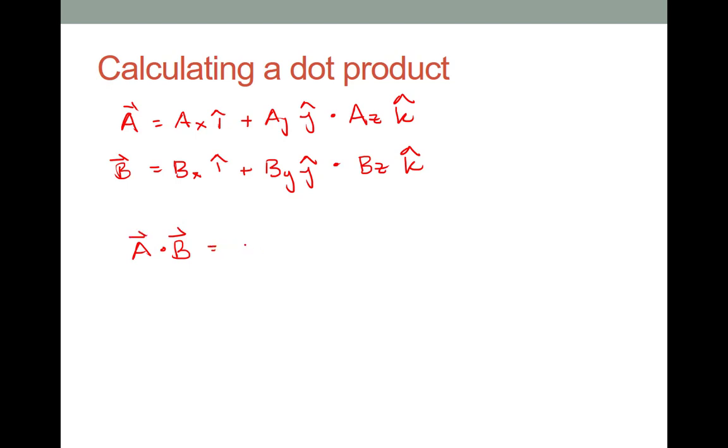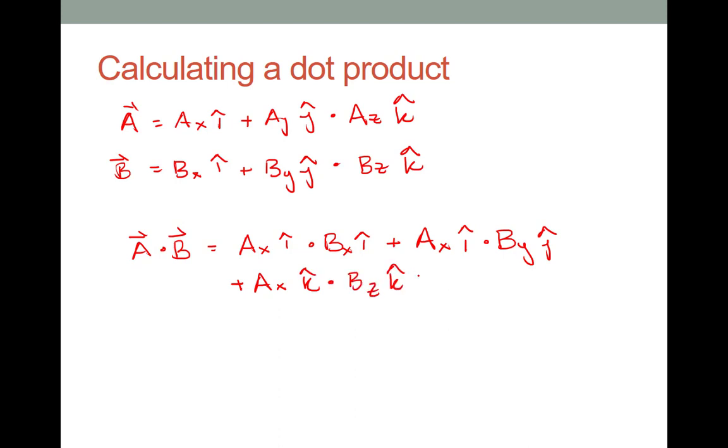And you might imagine that you get something that looks like AX i hat dot BX i hat plus AX i hat dot BY j hat plus AX k hat dot BZ k hat, and we could continue on.